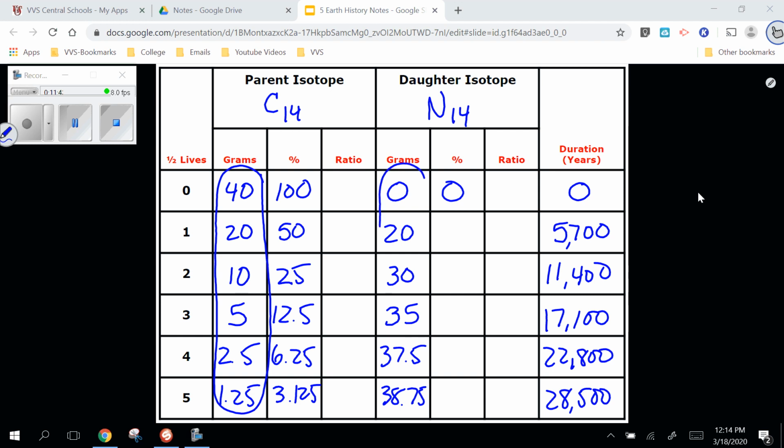The number of grams of nitrogen got more and more. But notice when you add them together, they still add up to 40 grams, what we started with. So 100%, 50%, so 20 grams is 50% here. 25% here, so we have 75% here. 12.5%, so 87.5% here.